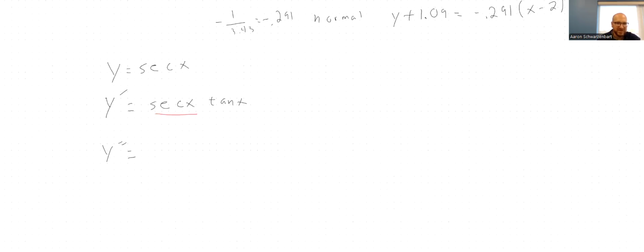And yes, you do need to simplify this. It doesn't simplify a ton, but there you have it. That wasn't so bad, was it?